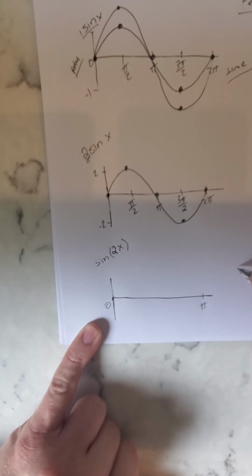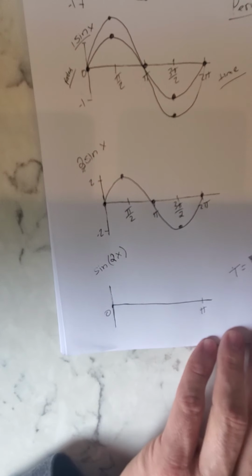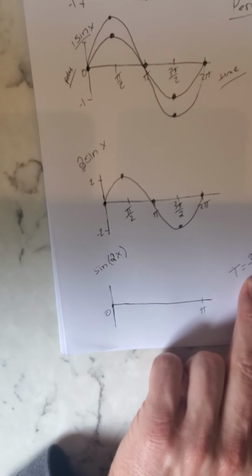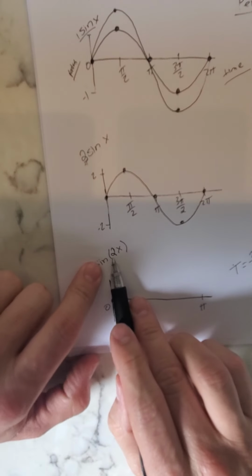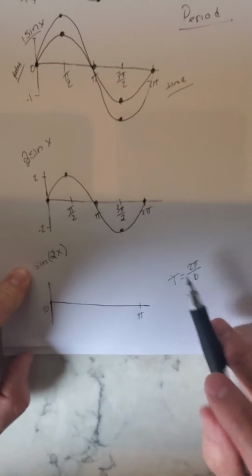In equation form, the period, which I write as capital T from physics, is equal to 2 pi over b. b is the number multiplied in front. So you can always think of it like this as well: T equals 2 pi over b.